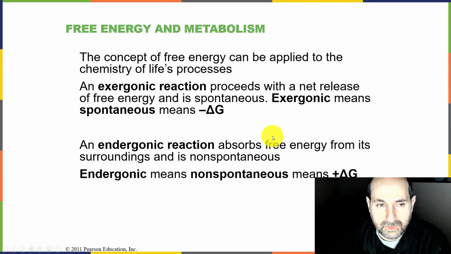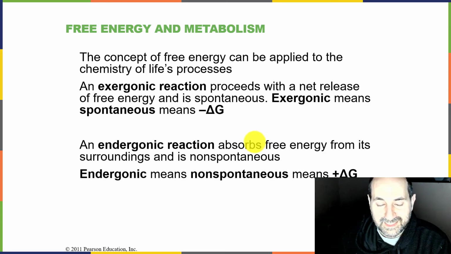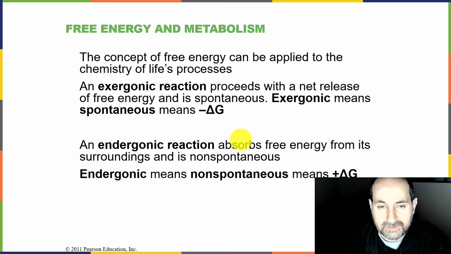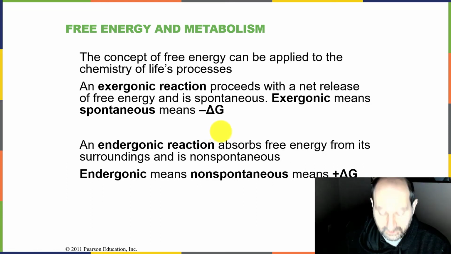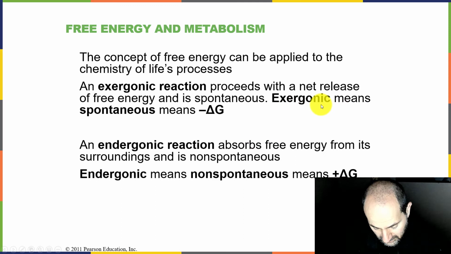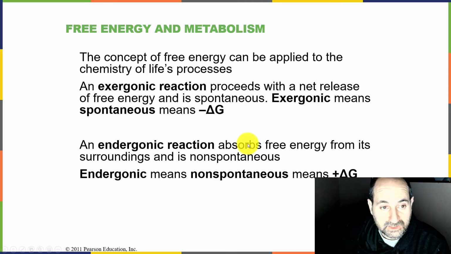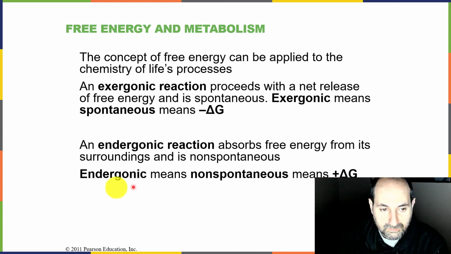But what I do want you to know is that if a reaction has a negative delta G, a negative change in Gibbs free energy, that is a spontaneous reaction. It's also called an exergonic reaction. If a reaction has a positive delta G, it is a non-spontaneous or endergonic process.